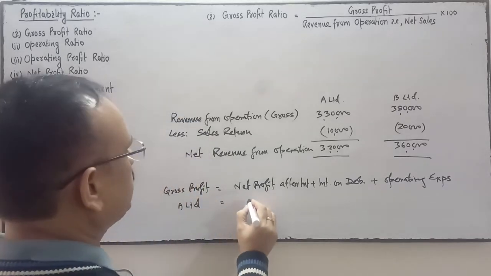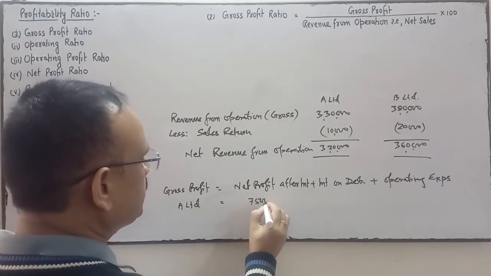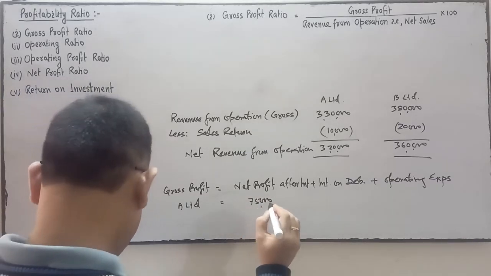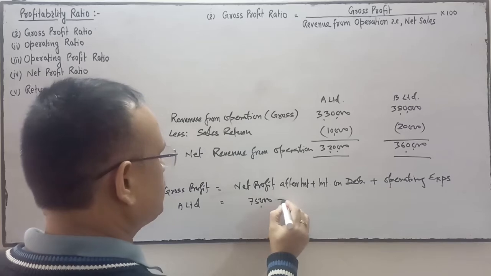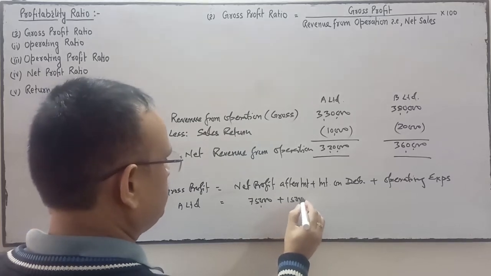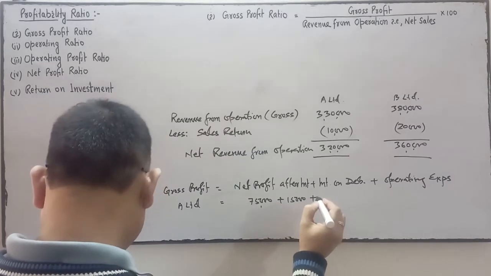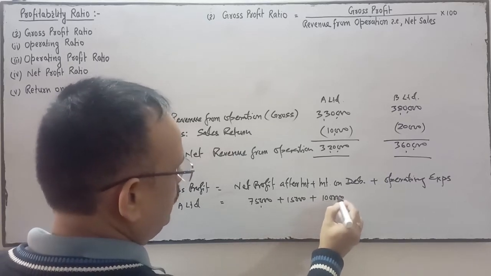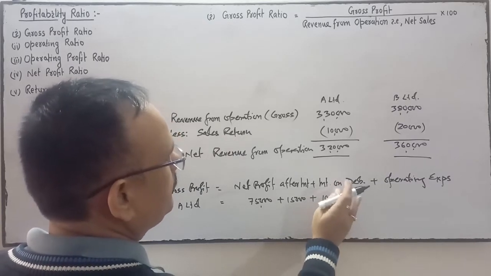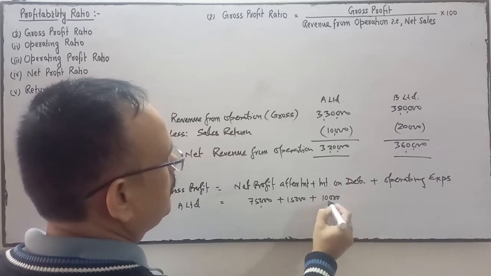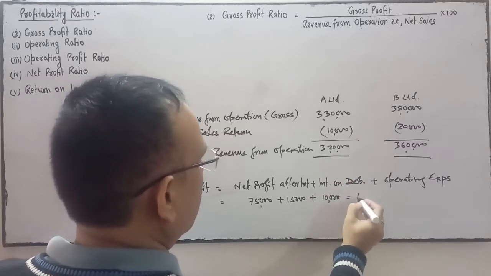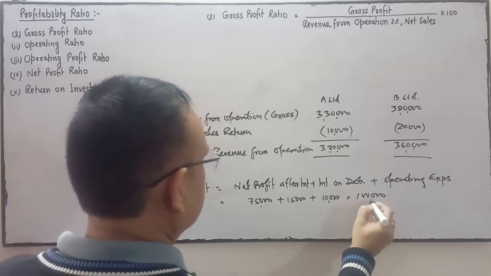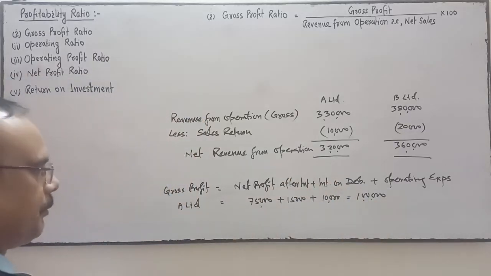A Limited net profit after interest is 75,000 plus 15,000 interest on debenture plus operating expenses 10,000. So 1 lakh is the gross profit.